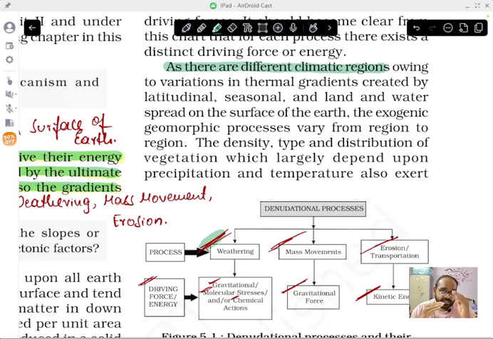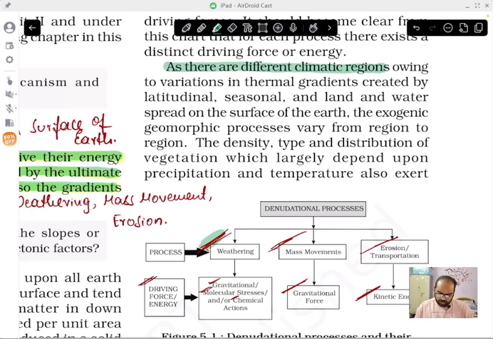As we have read previously, temperature and precipitation control the action of these exogenic processes. So these exogenic processes do not operate uniformly on the entire earth. They vary from climatic region to climatic region.